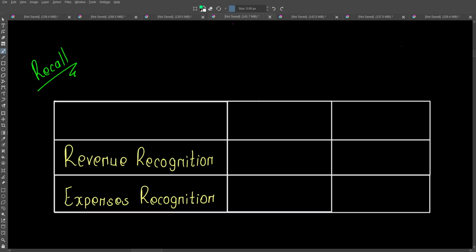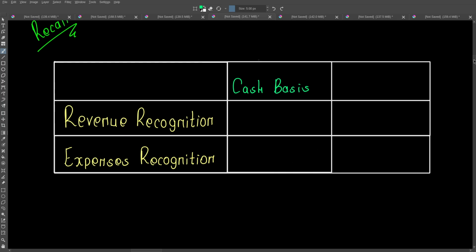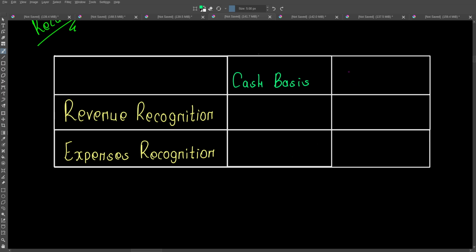First, before we proceed, I want us to recall one thing. We usually have two main bases of accounting. We have the cash basis of accounting, then we have accrual. Remember, when a business is using cash basis accounting, when do we recognize revenue?